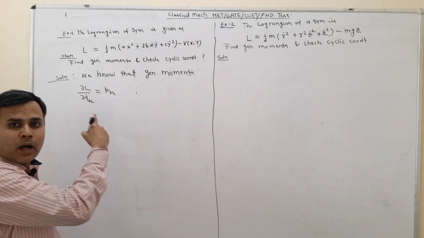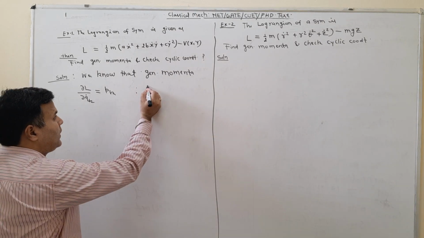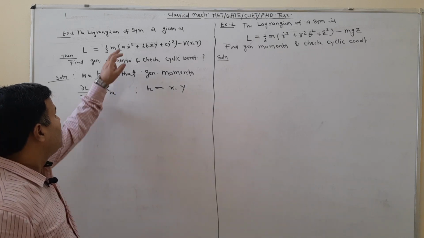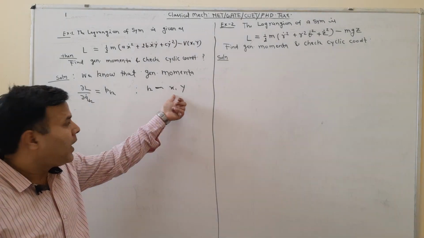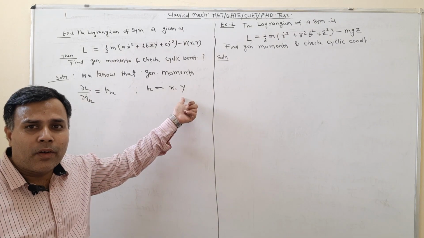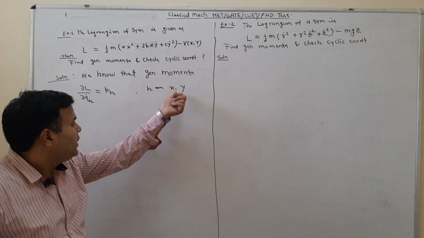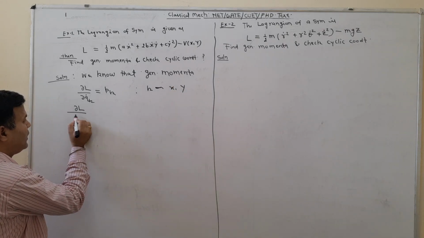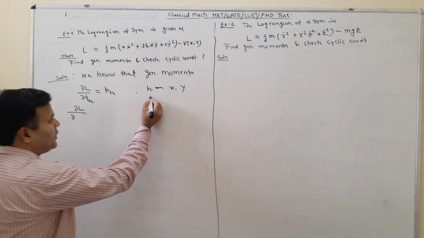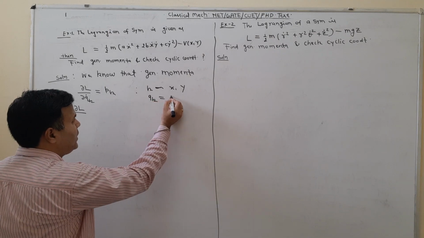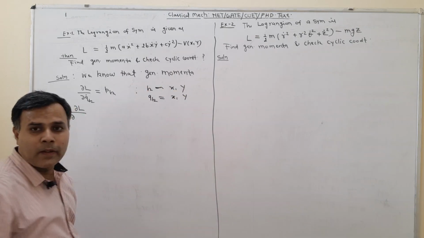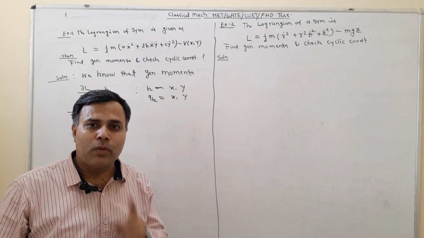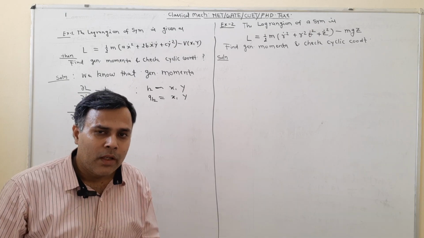In this case, our q_k are x and y, because our Lagrangian is in x, y and x dot, y dot. So we have two different components of generalized momenta, one corresponding to x and another corresponding to y.